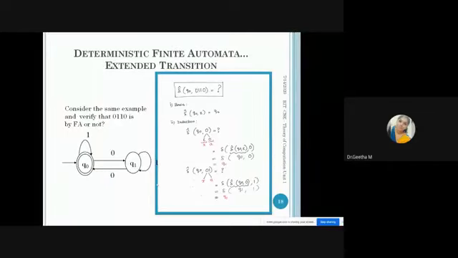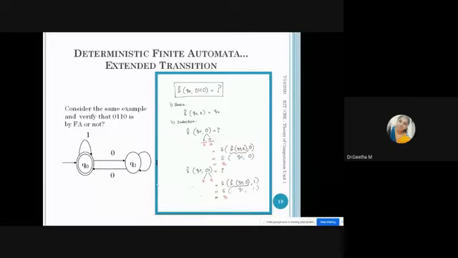I have again considered the same input for the same finite automata, 0, 1, 1, 0, using extended transition formulas: how is 0, 1, 1, 0 accepted by this finite automata? See the topmost of the nodes, that is the question they have given: verify that 0, 1, 1, 0 is accepted by the finite automata or not.